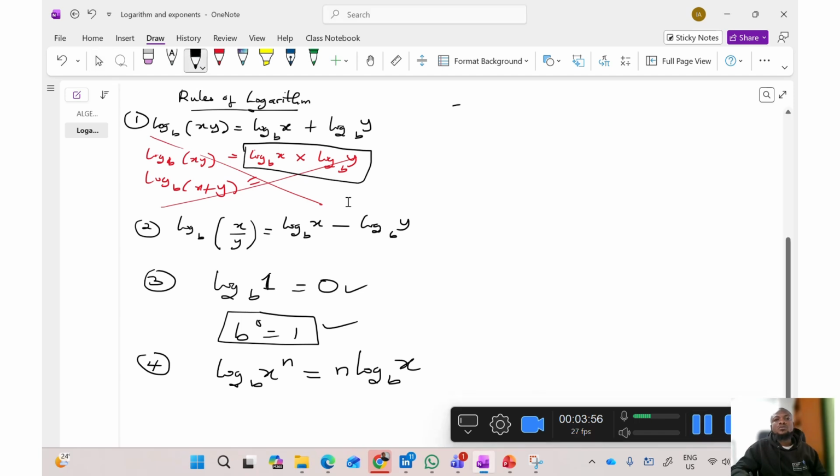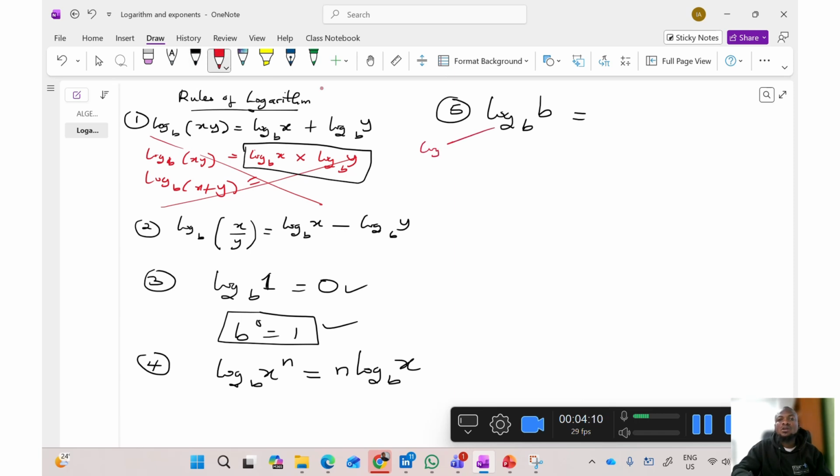Then the next rule is the logarithm of b to base b. When the base and the root value are the same, because this is the logarithm, this is the base, this is the root, then the logarithm is equal to 1.